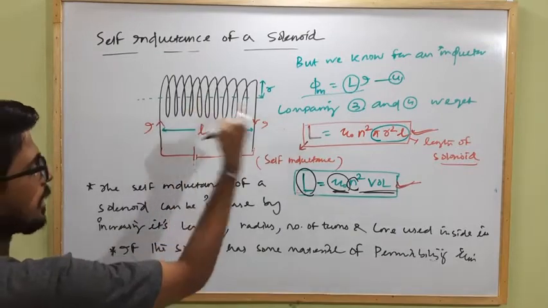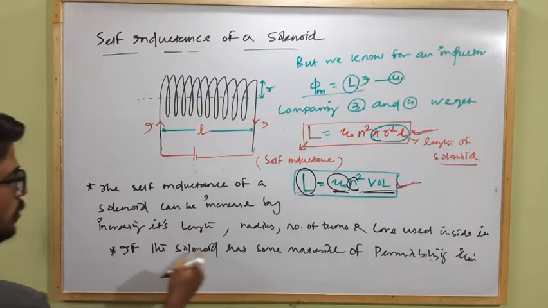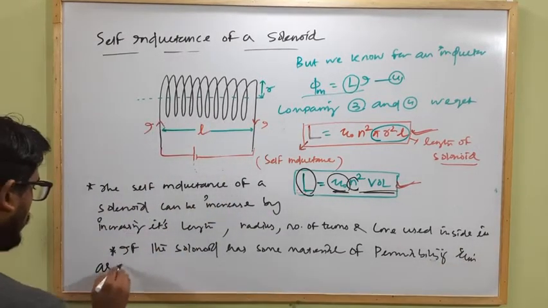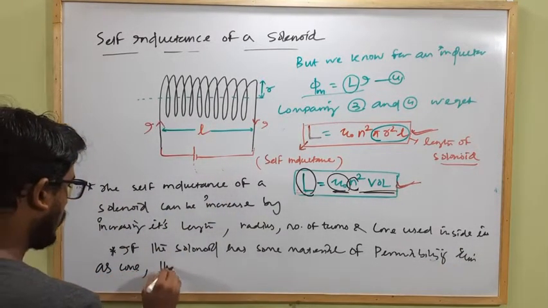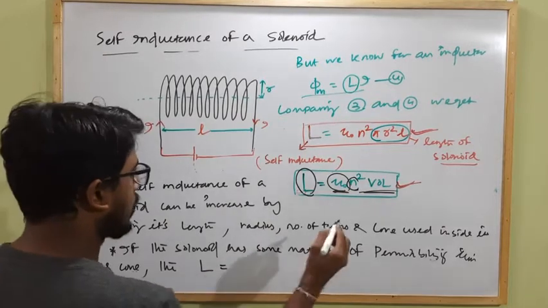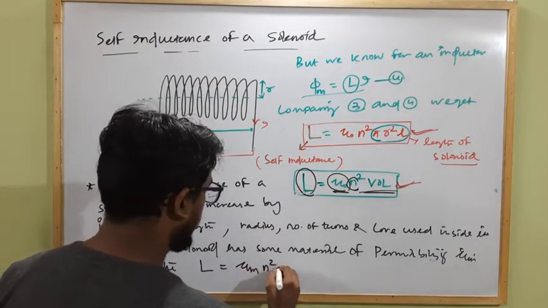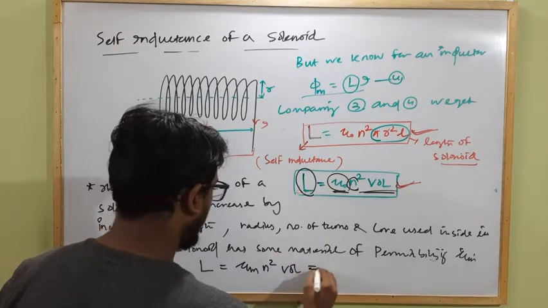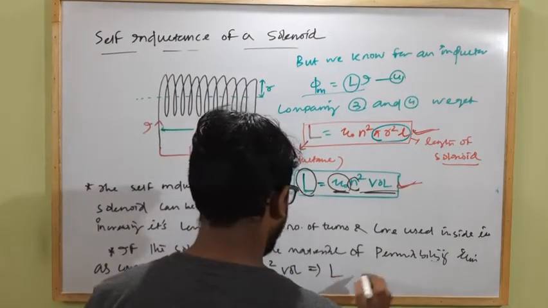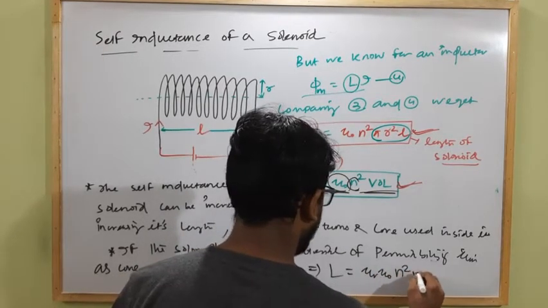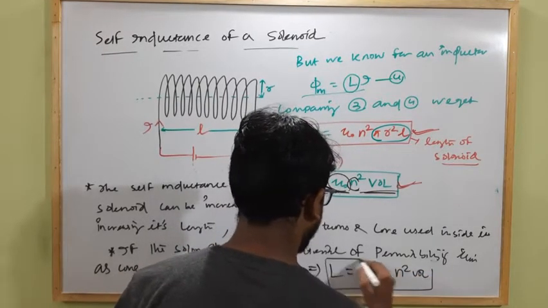Here the core is air. If the solenoid has some material of permeability mu m as core, the self inductance L will become how much? Mu m n square into volume, or this implies you can get the self inductance will be mu r into mu naught n square into volume of the solenoid. Clear?